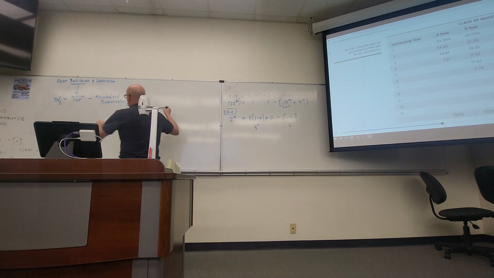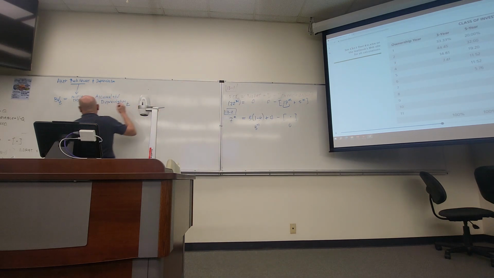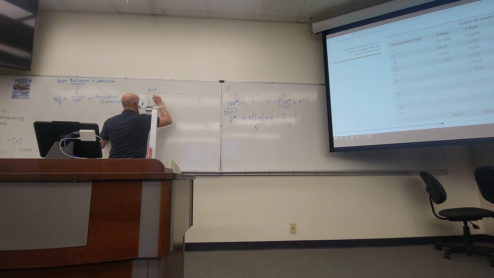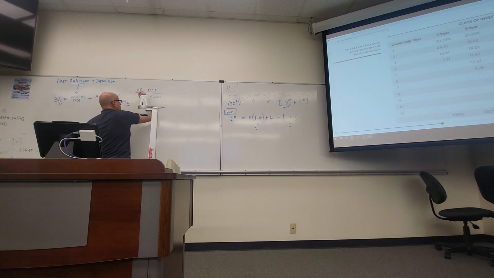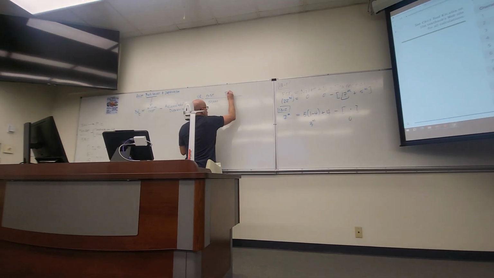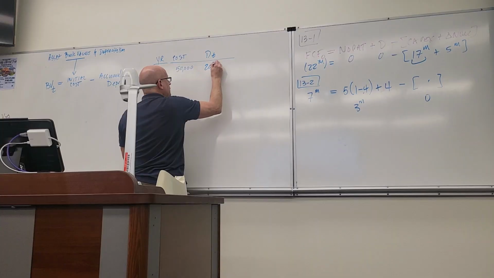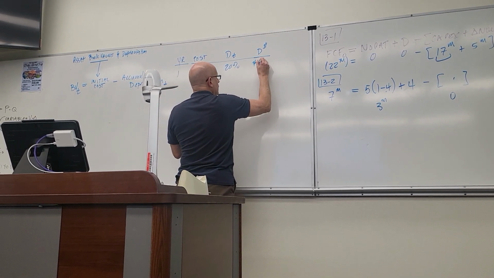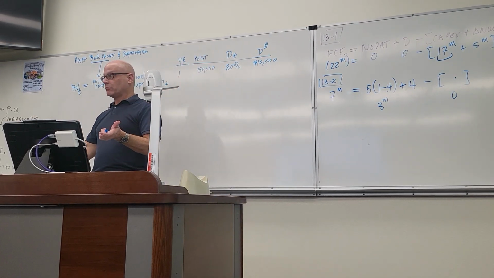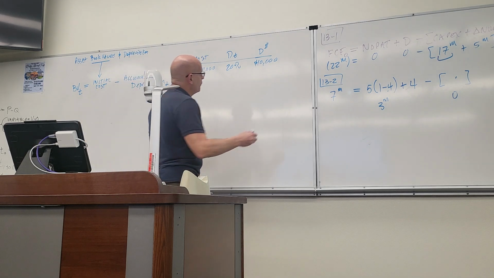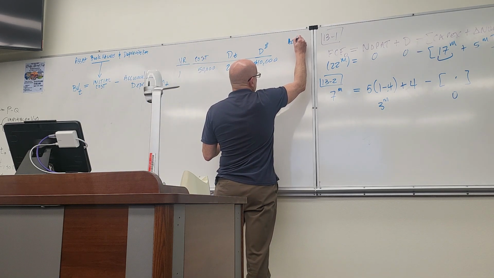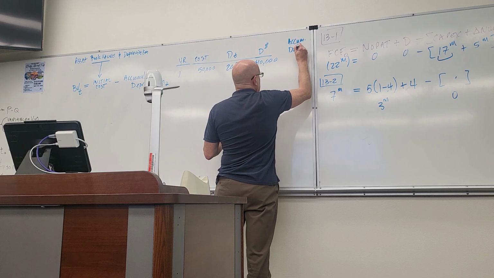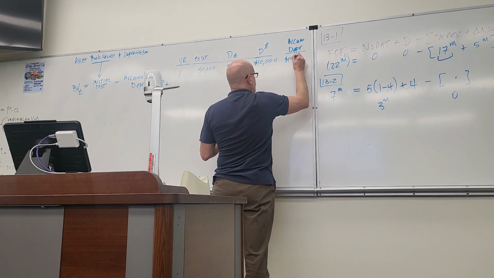So I could say initial cost, my cost, 50 grand. My year one depreciation rate, 20%. So my depreciation in dollars for year one, 10 grand. My accumulated depreciation, just 10 grand.